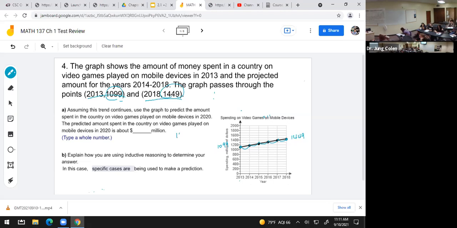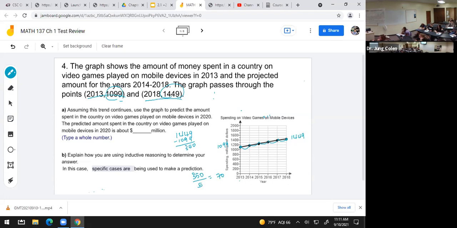So 1,449 minus 1,099, we already got that, was 350, right? So it increased by 350 over 5 years. So per year, dividing by 5, it's going to be increasing by 70, right?